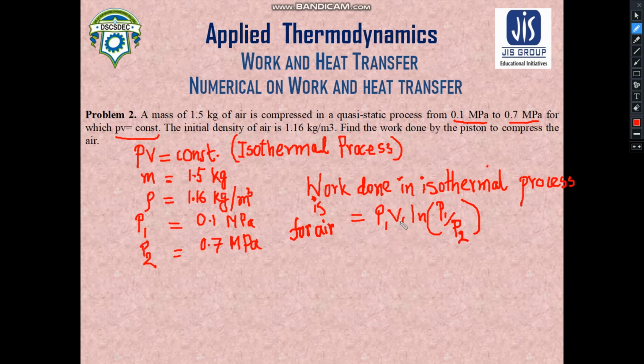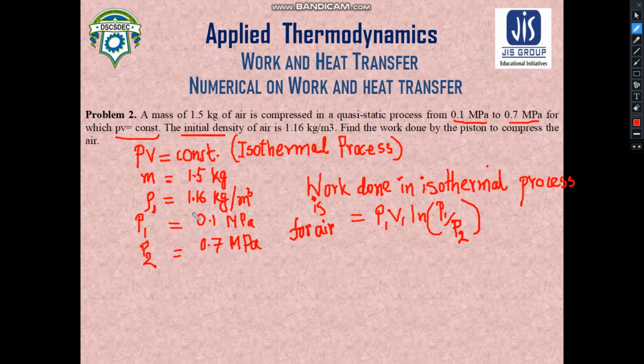So if we want to solve the problem using this formula, then we need to find out what information is available to us. We know the values of P1 and P2. So the only unknown here is V1, which can be simply calculated from the ratio of m by rho. So the initial density, let us write just rho 1, so it will help to understand, because after the compression the density of air will obviously change.